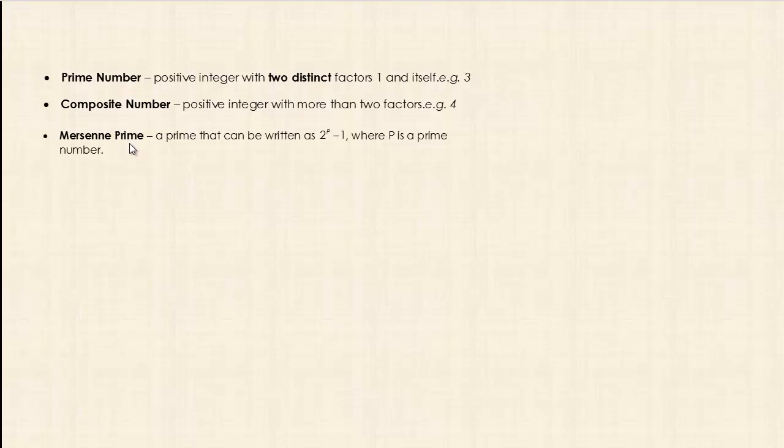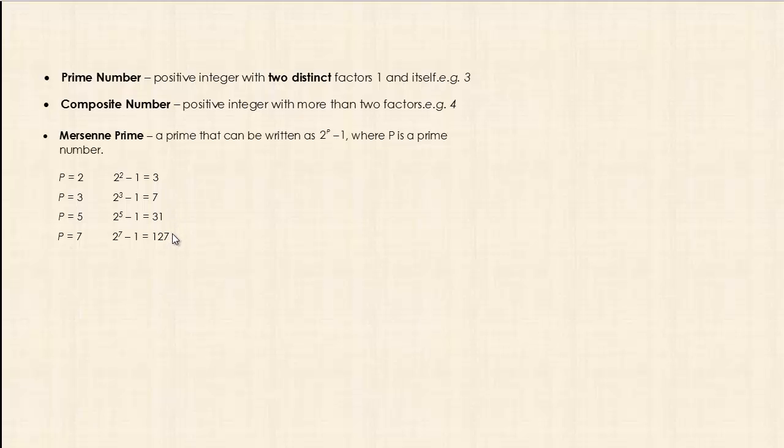A Mersenne prime is a prime that can be written in the form 2 to the power p take away 1, where p itself is a prime number. Here are some examples. p is 2. 2 squared take away 1 gives us 3. So 3 is a Mersenne prime. p is 3, we get 7. p is 5, we get 31. p is 7, we get 127.